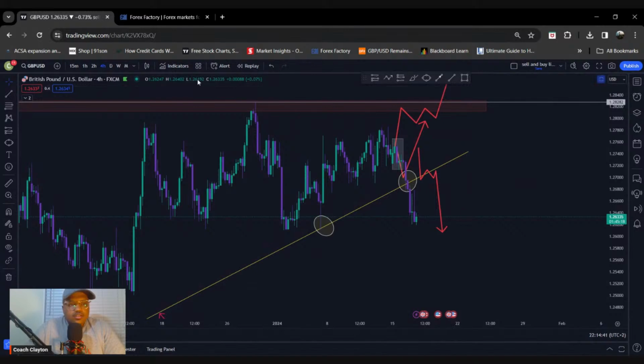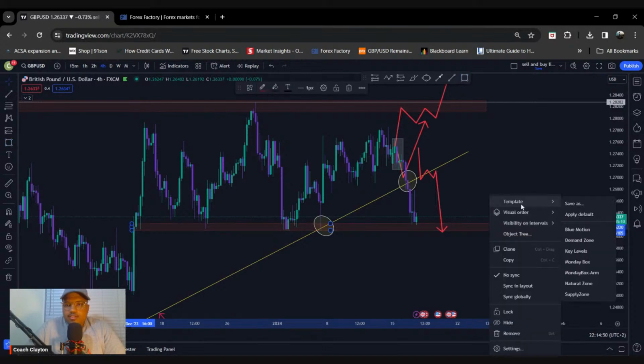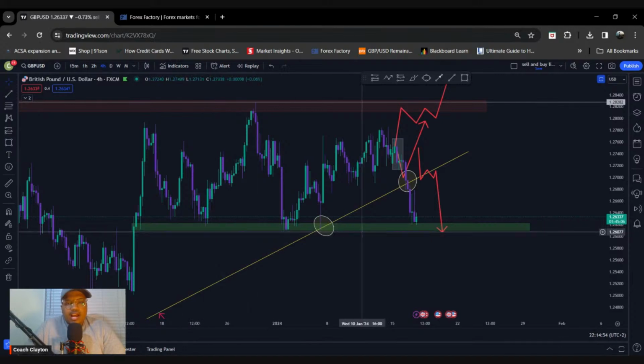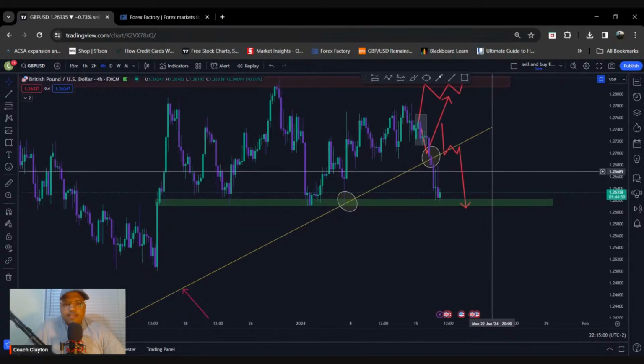we can draw out our demand zone, right? Cross over here, and there we have it. And now our students also know how to do the order enhancements, right, regarding this demand zone.